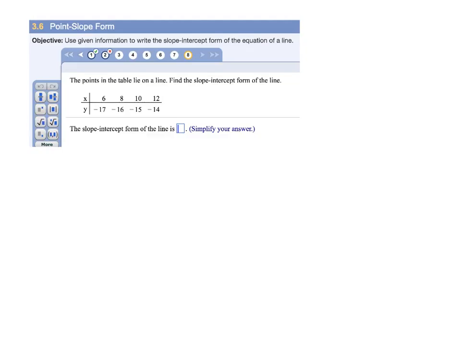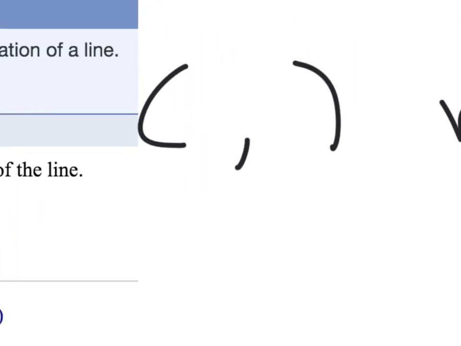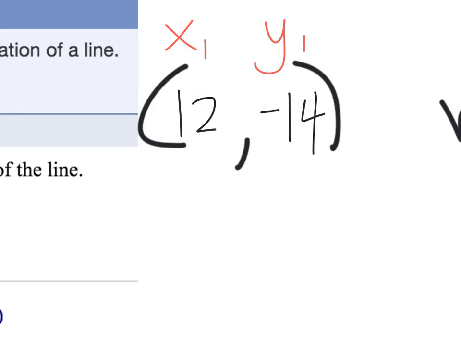And the 2 things we need is a point and we need a slope. Now, any of these would count as a point, and it doesn't really matter which one we use. So let's do 12, negative 14. I don't know why I chose that one, but let's do that one. So 12, negative 14, that is our x1, y1.